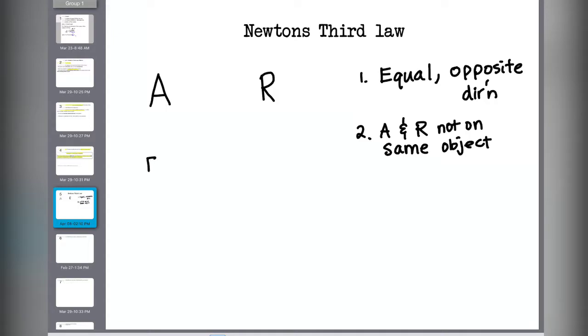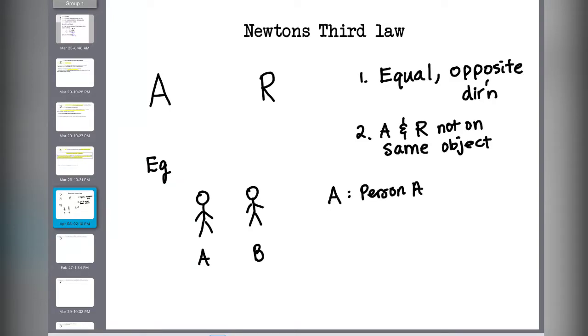What that means is, say for example, I have a person A and a person B. If I say the action force is person A pushing to the right at 10 newtons on person B, and I draw the free body diagram, is this force acting on person A or person B?